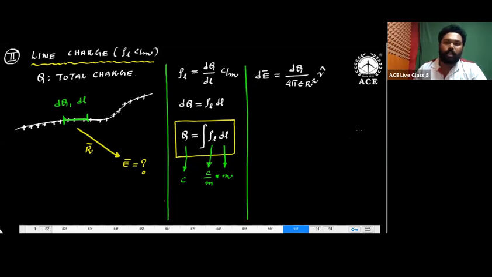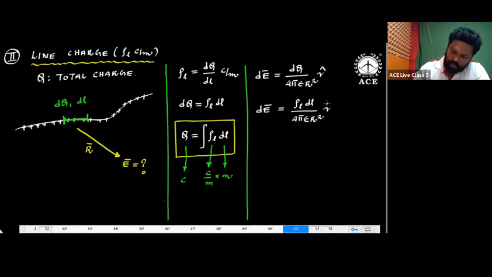If you want to get the overall electric field, what you need to do? And one more thing here. What is this dq? Rho L into dl. So dE is rho L into dl divided by 4 pi epsilon r square into r cap. This is the electric field due to the small piece of a length. If you want to get the overall electric field, you need to perform what is called a line integral.